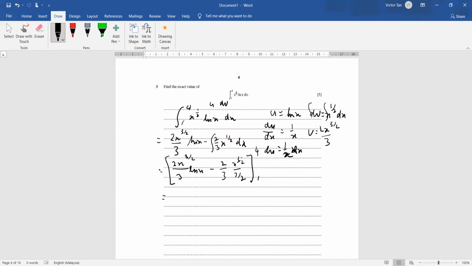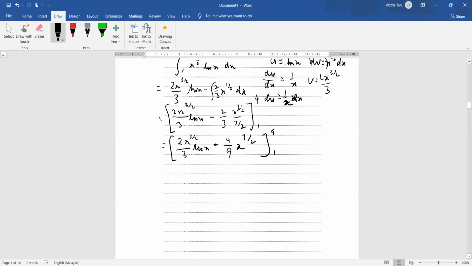Now what I'm going to do is simplify first before I substitute the values. Minus 4 over 9 x to the power 3 over 2, from 1 to 4.